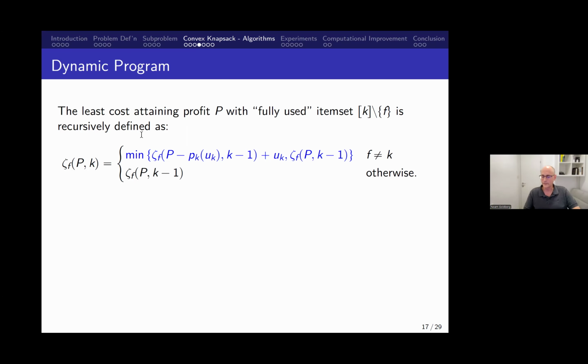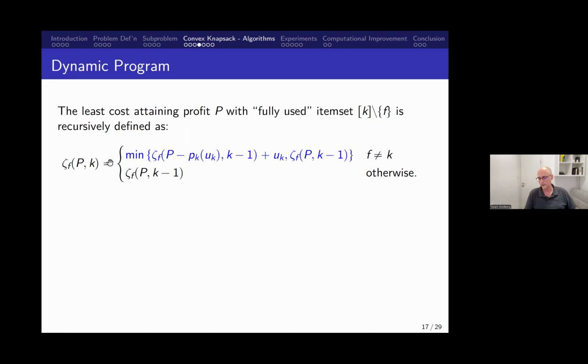The only thing we need to take care of compared to binary knapsack is that there's some item that's excluded from the recursion. We consider the recursion just for the fully used items, and then we need to do something for the fractional items.